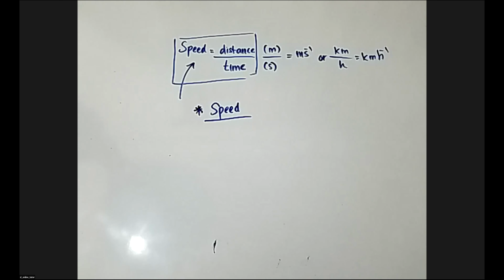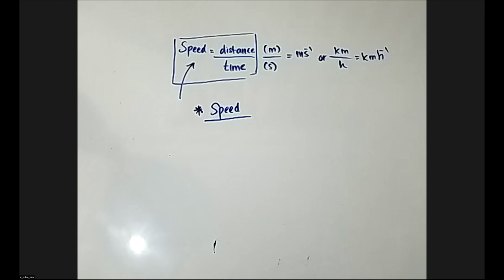Question number 3. The speed of a vehicle is 32 meters per second.